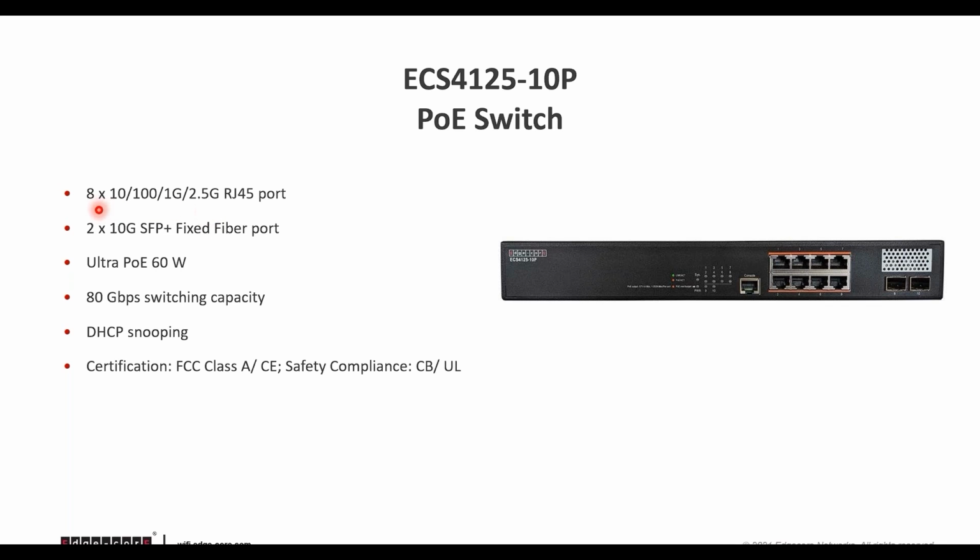This one can support 8 2.5 gigabit Ethernet ports with a 10 gig SFP+ fixed fiber port. It's Ultra PoE, 60 watts. The total switching capacity can achieve 80 gigabits per second. Same features as the last one: DHCP snooping with enterprise switch features, and also FCC and safety compliance.